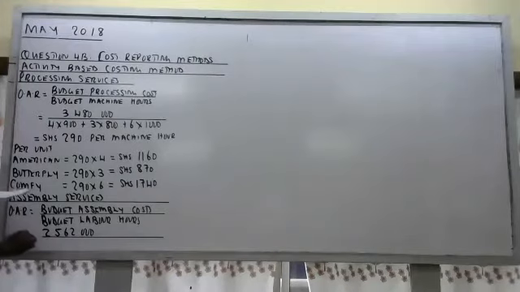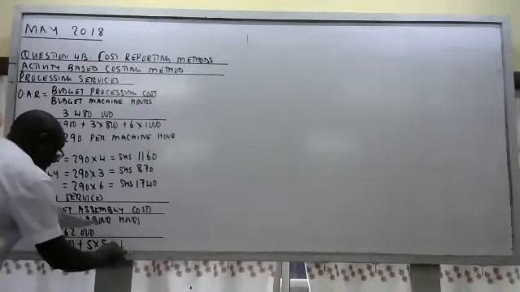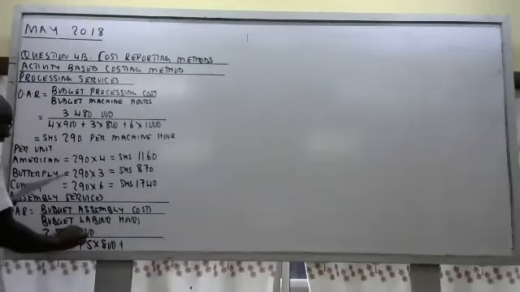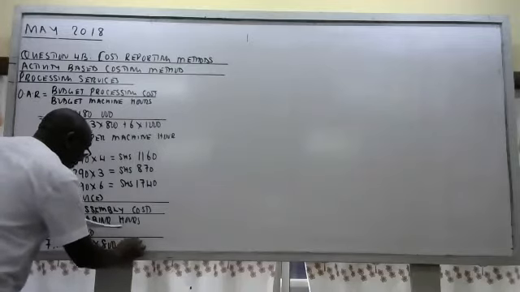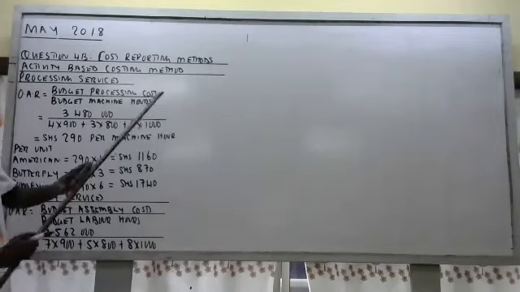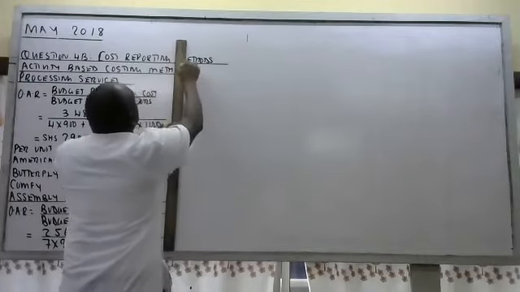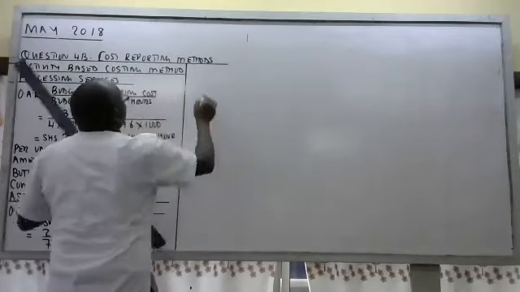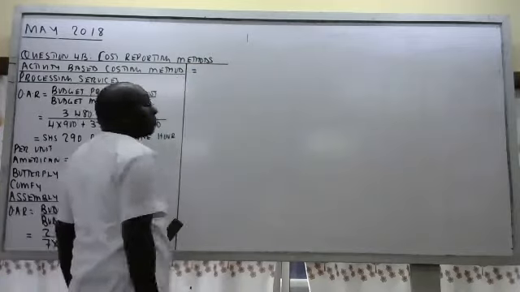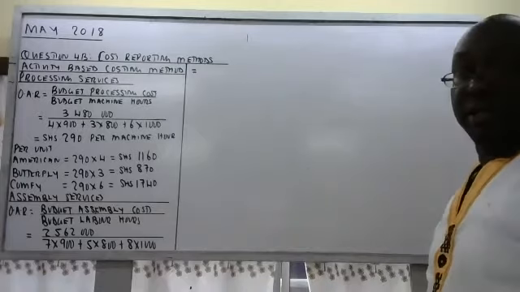So this will be 7 times 900 plus 5 times 800 plus 8 times 1,000.